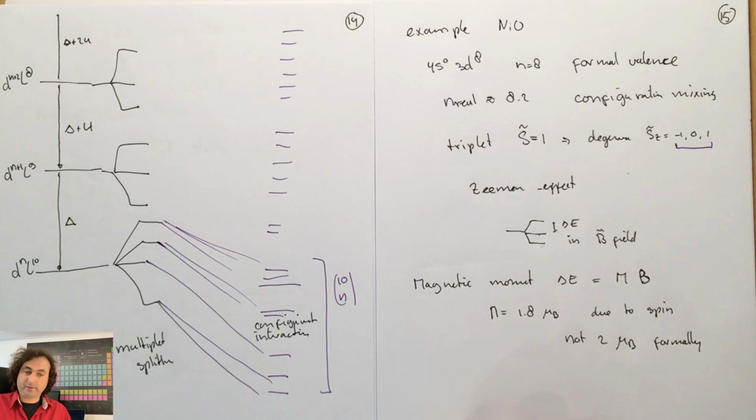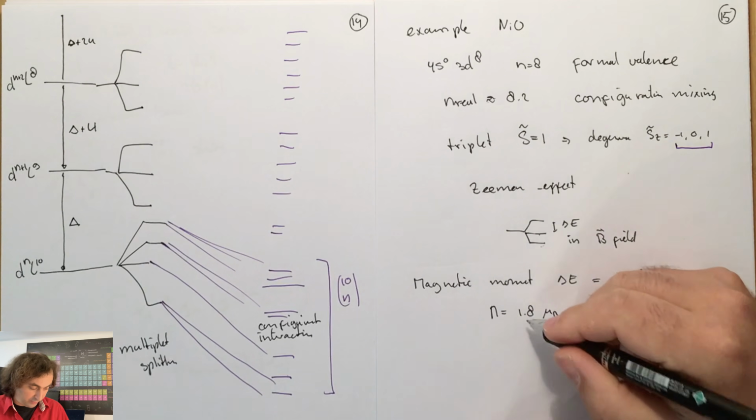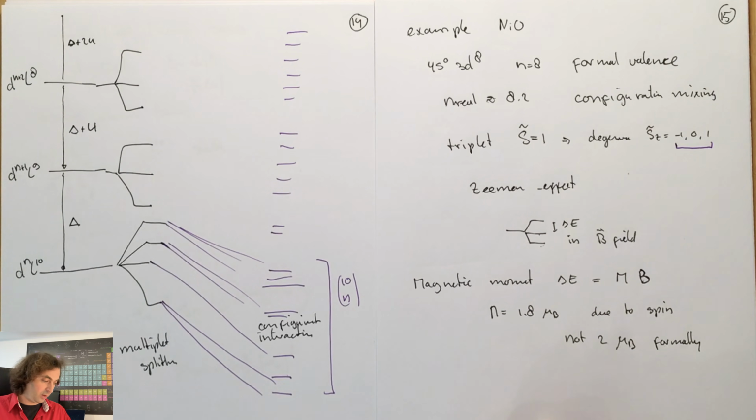And this 1.8 is a reduction of the spin moment due to covalent interactions. That becomes even larger for spin-a-half systems, just because your starting spin is smaller. And you always have some covalency.